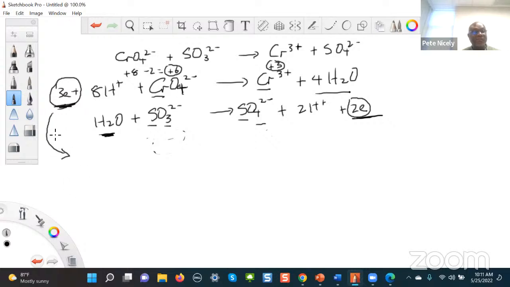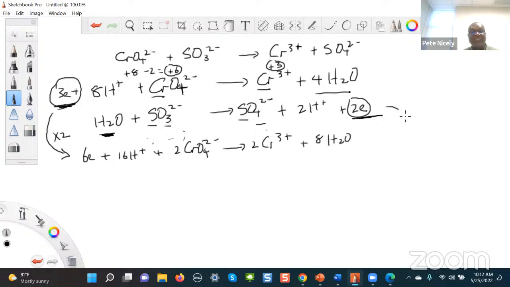by 2. And when we do that, we're going to end up with 6 electrons plus 16 hydrogen ions plus 2 CrO4 2- to give you 2 Cr3+ plus 8 H2O. And then for the second half equation, that means you have to multiply by 3, right?